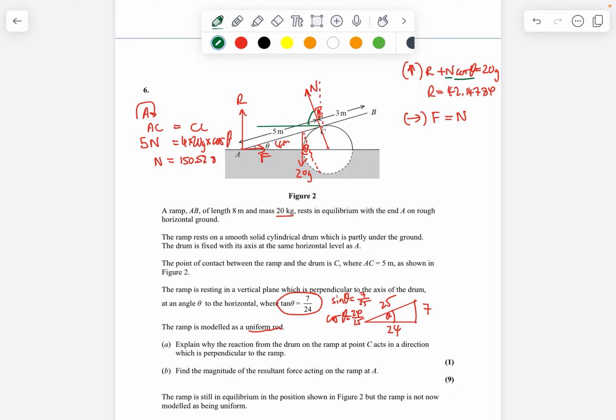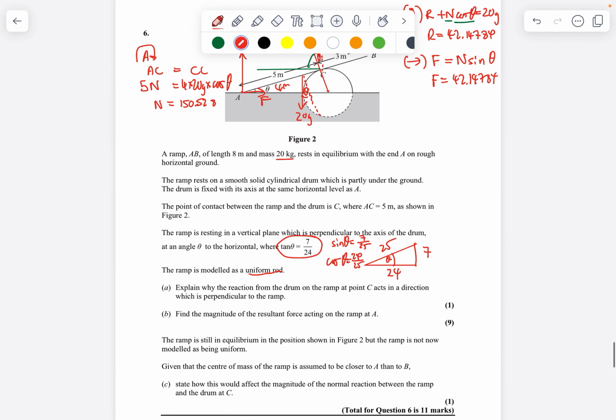So I'm going to use that angle, and what I'm going to do is N sine theta, because the angle I've got marked is with the vertical axis and not with the horizontal. So N sine theta. Again, I already know what sine theta is. So F is equal to 42.14784.